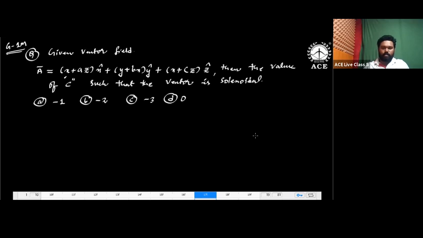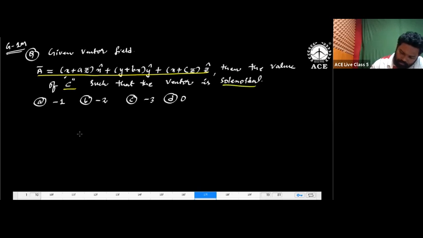Yes or not? Here is a vector field. You need to find out the C for solenoidal. Divergence of A is equal to 0.